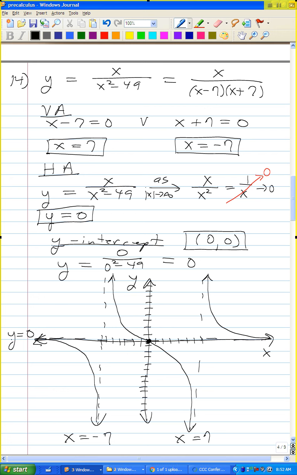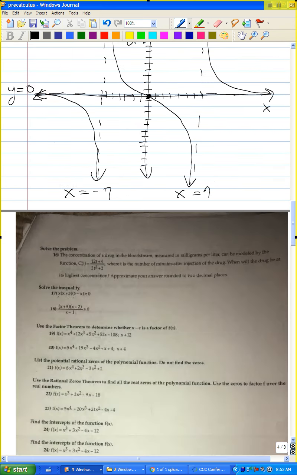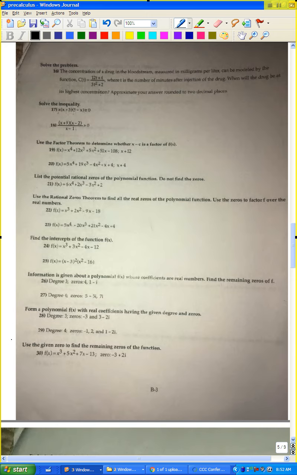Okay. Yeah, so for this problem, there were a lot of details we had to look over because you have to graph everything. Okay, 15. Well, we have to do the same thing. So there's going to be some work here.